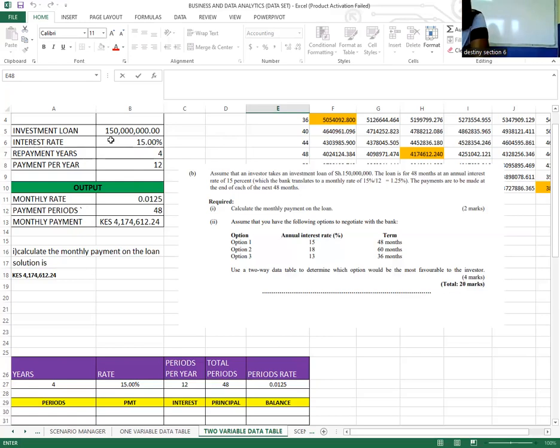So we have the investment loan, we have the interest rate, repayment years. Repayment years ndio 4. And then the payment by year and 12.